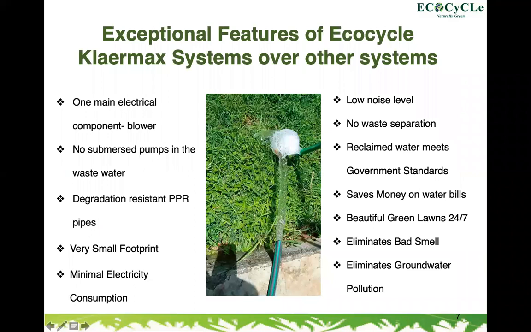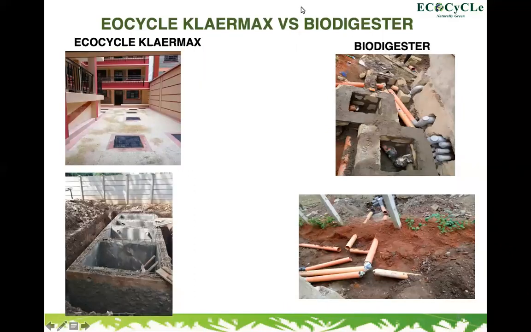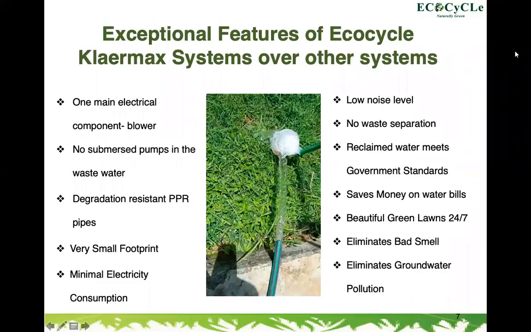So here in the next slide, it is just to explain further the differences that you have seen in the pictures, but now to enhance on the EcoCycle recycling system. So these are some of our advantages: even though we have an electromechanical system, we have minimal electricity consumption. You may have a question about that, and we'll answer it later.